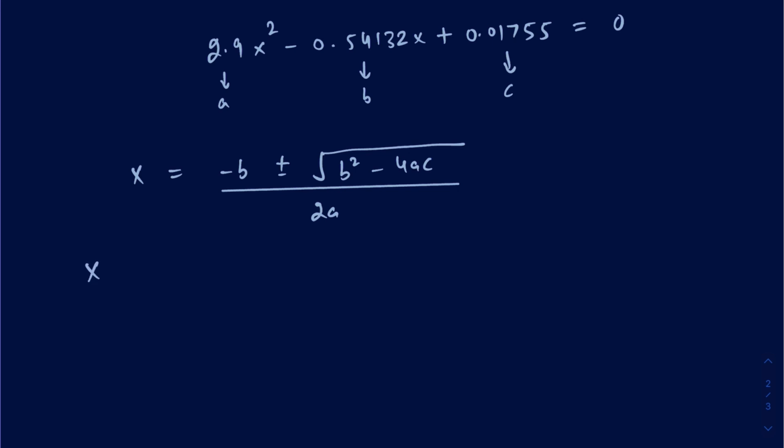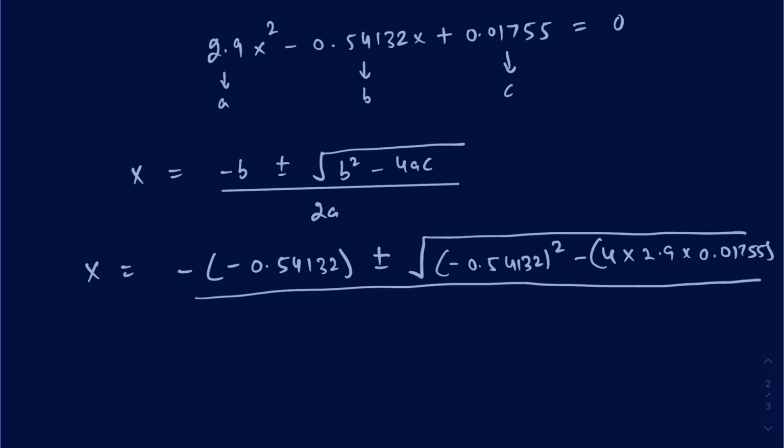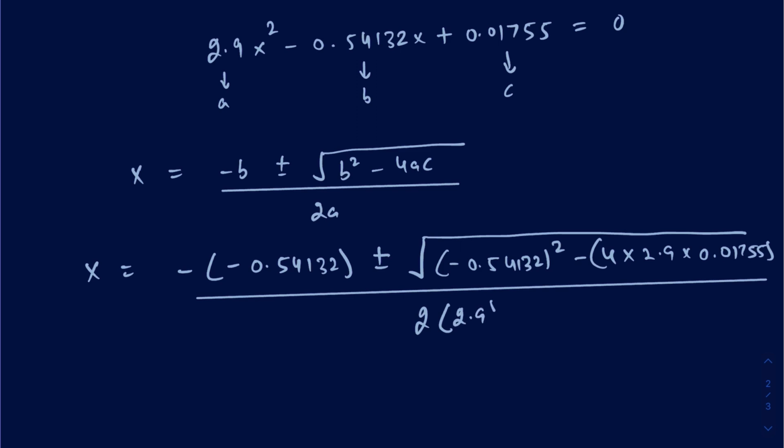So we have x, your B is going to be minus 0.54132, so minus 0.54132 plus minus, okay, so I'm going to go ahead and write that down, the square root of 0.54132 squared minus 4 times your A is 2.9 and your C is 0.01755. And all that is going to be divided by 2A, which is going to be 2 times 2.9.